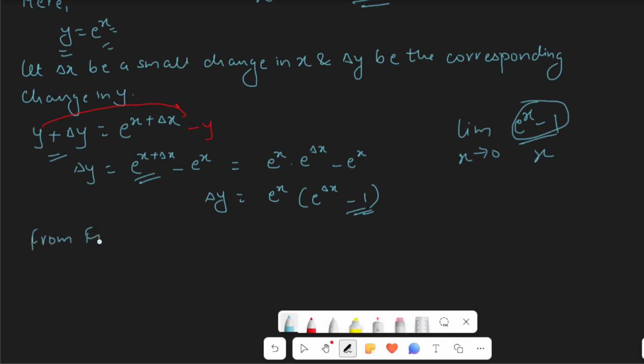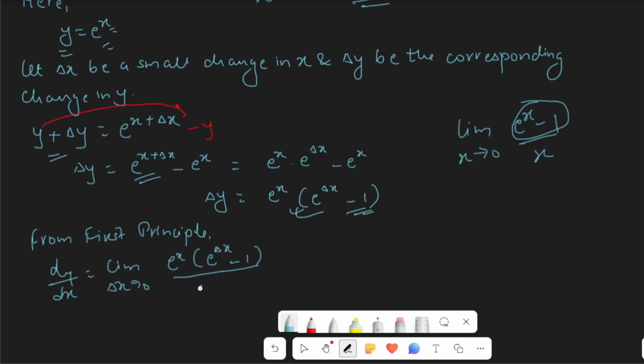So now from first principle, dy by dx is equal to the limit. Now we have to write delta y. Delta y is this term. This is delta y divided by delta x. If you look carefully, this term here is equivalent to this term. And here delta x is approaching 0.